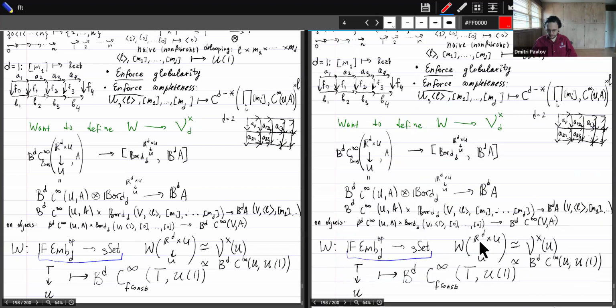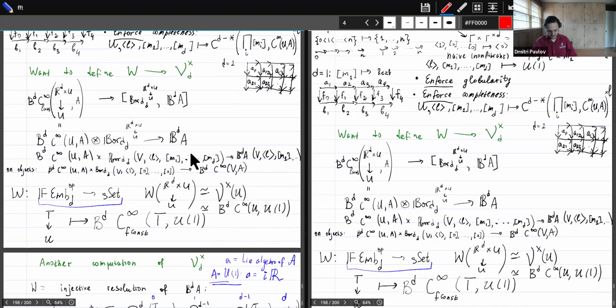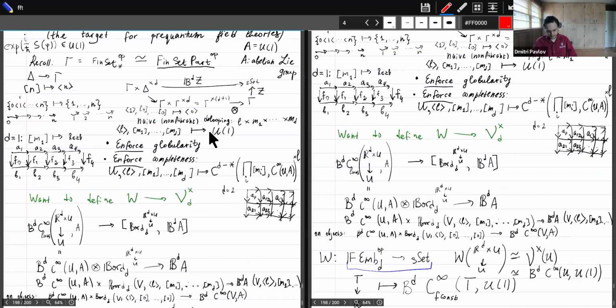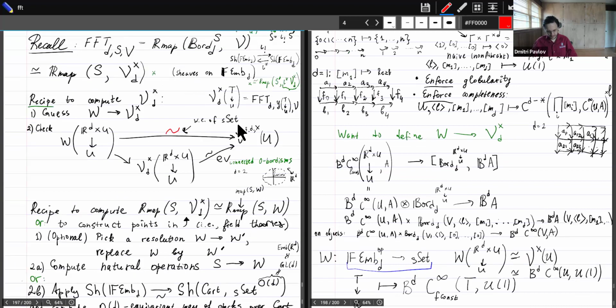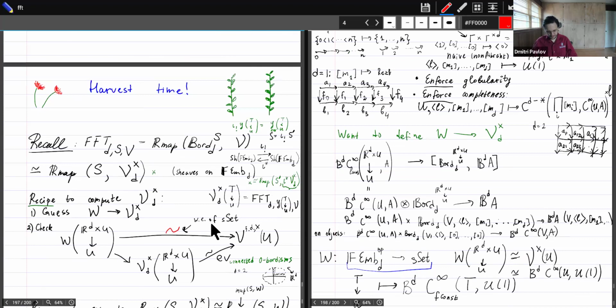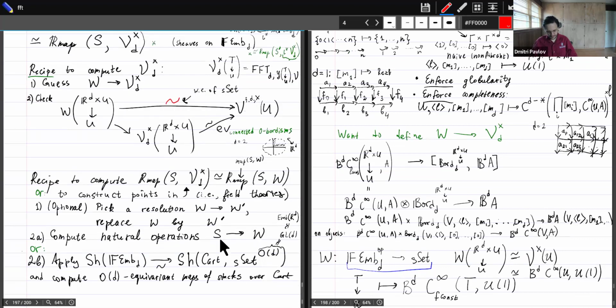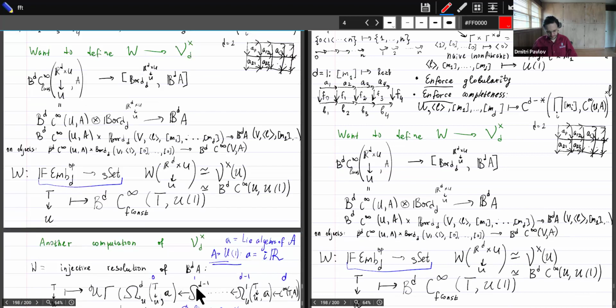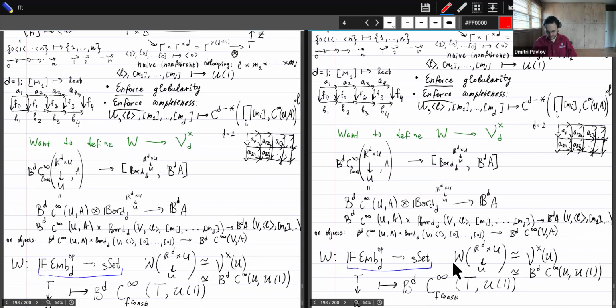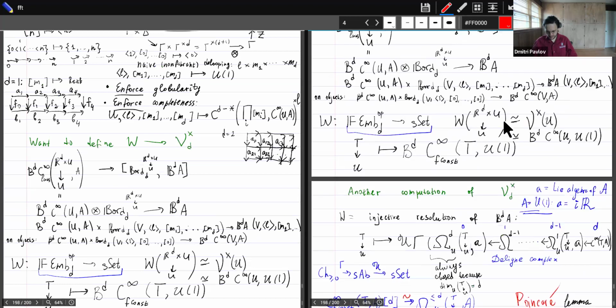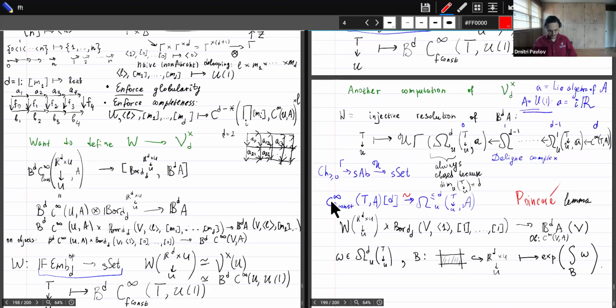And I want to write down a morphism from, let me put it on the left side. Okay. So I want to write down a morphism, the green morphism here.